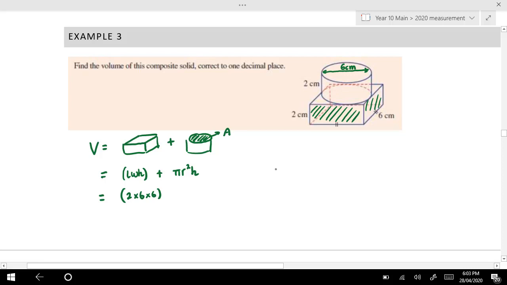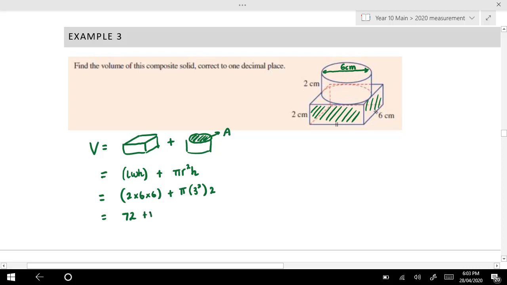So 2 by 6 by 6. Then let's fill in pi. Be careful, it's not 6 squared, it's half of 6 squared, which is 3 squared, and then we're multiplying that by the height, which is times 2. 6 sixes are 36, times 2 is 72, and we've got 9 times 2 is 18 pi.